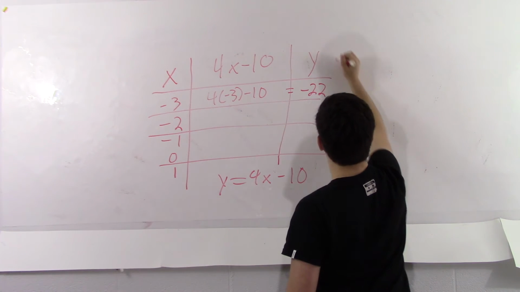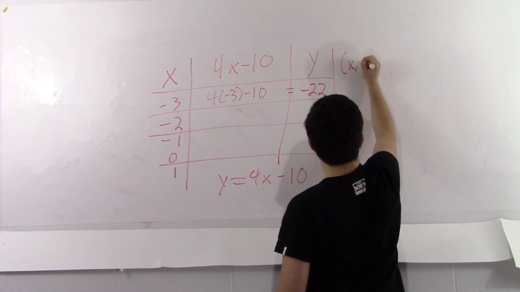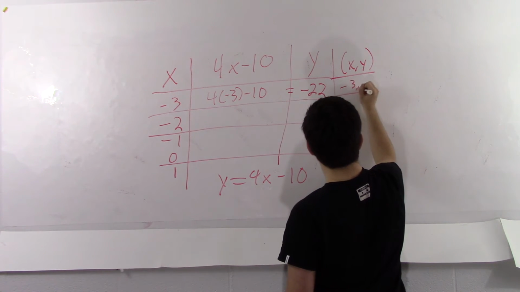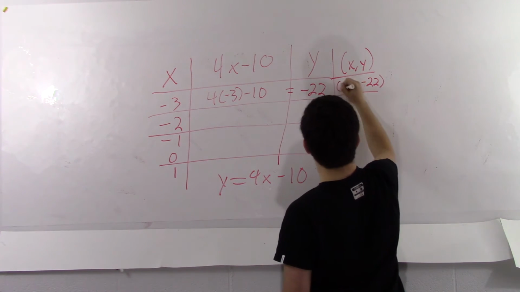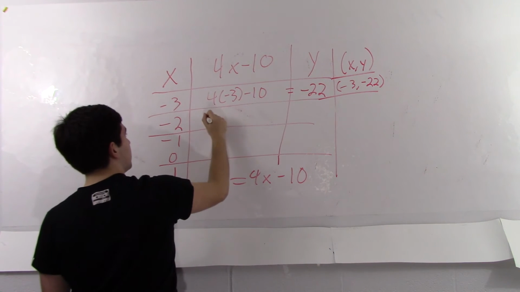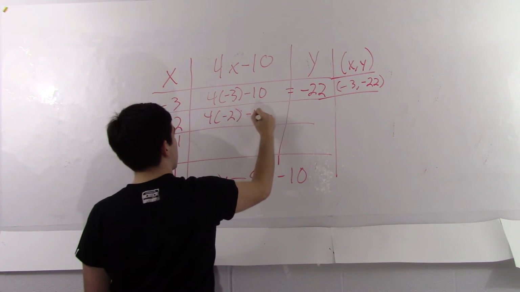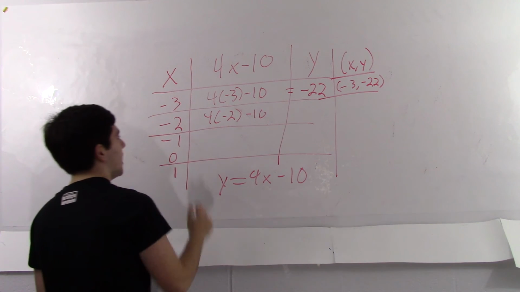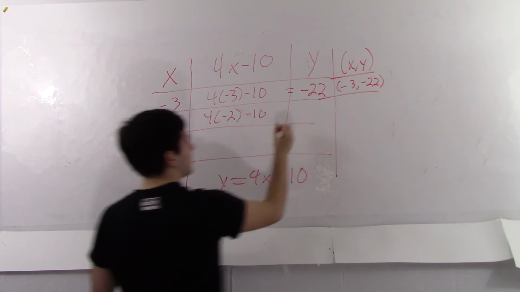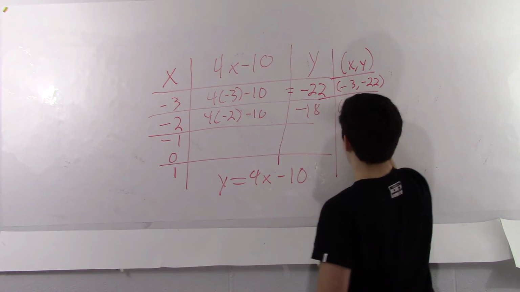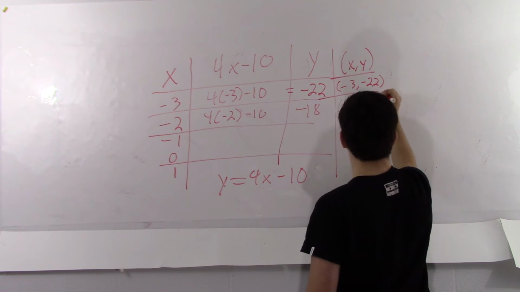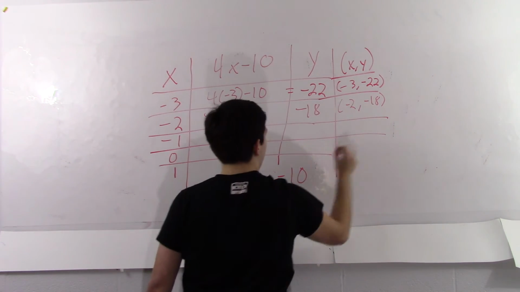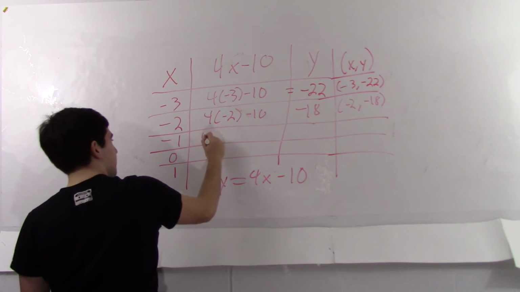4 times negative 3 minus 10, which equals, okay, so negative 12 minus 10, negative 22. So our ordered pair of x and y is negative 3, comma, negative 22. If we plug in negative 2, negative 8 minus 10 is negative 18. So we have negative 2, comma, negative 18. Plug in negative 1.